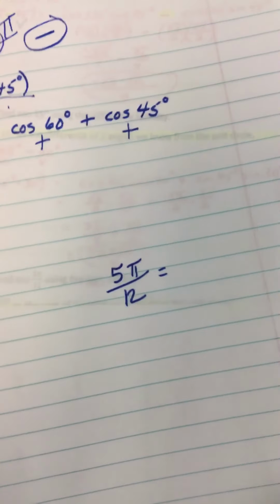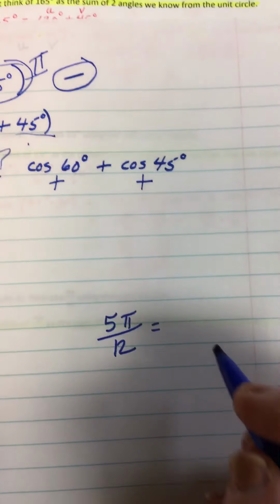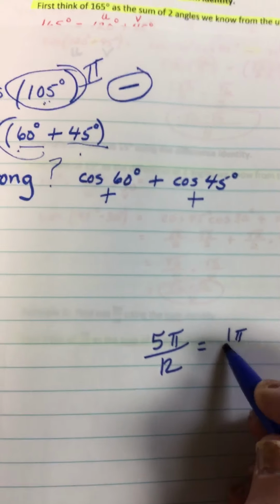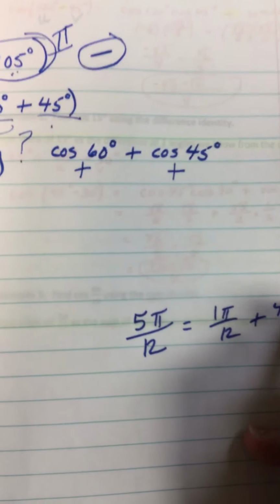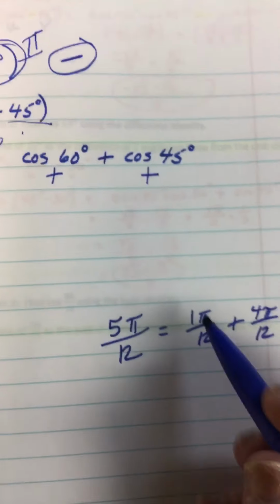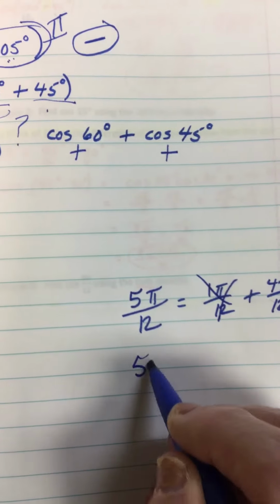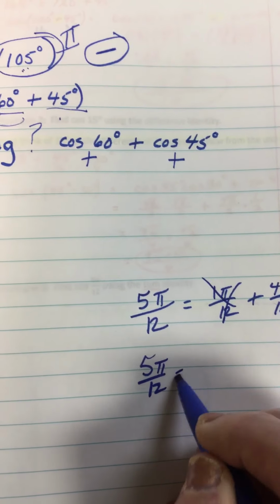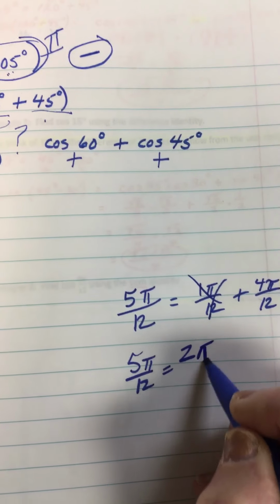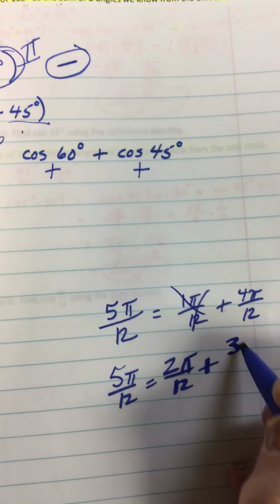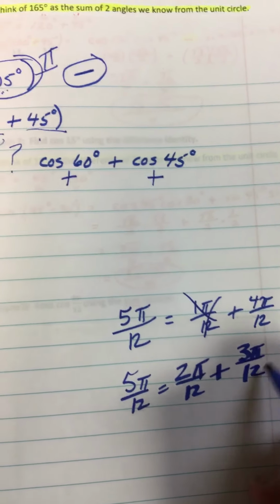But you can take that 5 pi and break it into 2 parts. And I was thinking about 1 pi over 12 and 4 pi over 12. Well, I don't know any 12s, so that's not going to work. So break 5 pi over 12 into some other, let's say like 2 pi over 12, and what would that leave? 3 pi over 12, would that work?